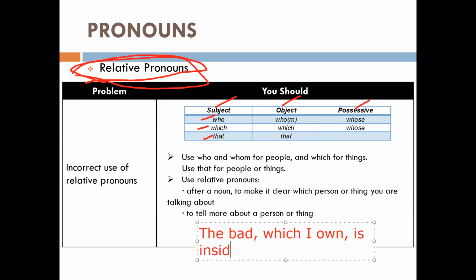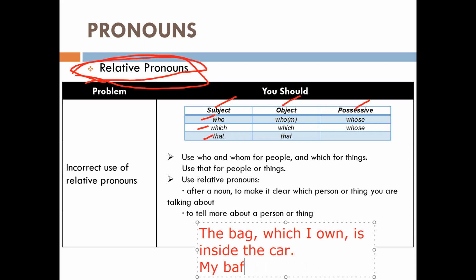Example: the bag which I own is inside a car. This is exactly what I am pertaining to with the indefinite clause. The bag, comma, which I own, comma, is inside a car. You can do the exact same thing without changing anything just by changing the sentence structure: my bag is inside a car.